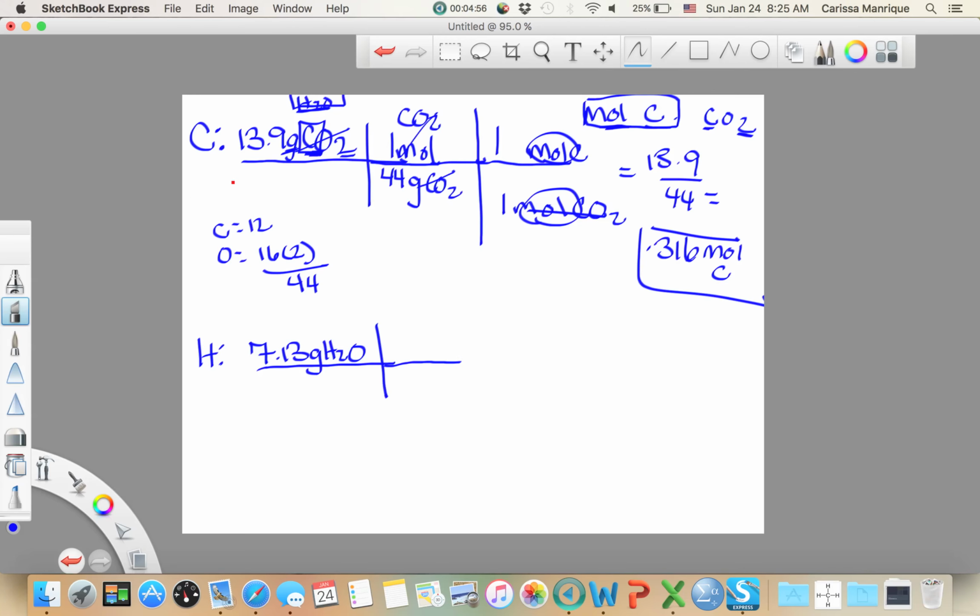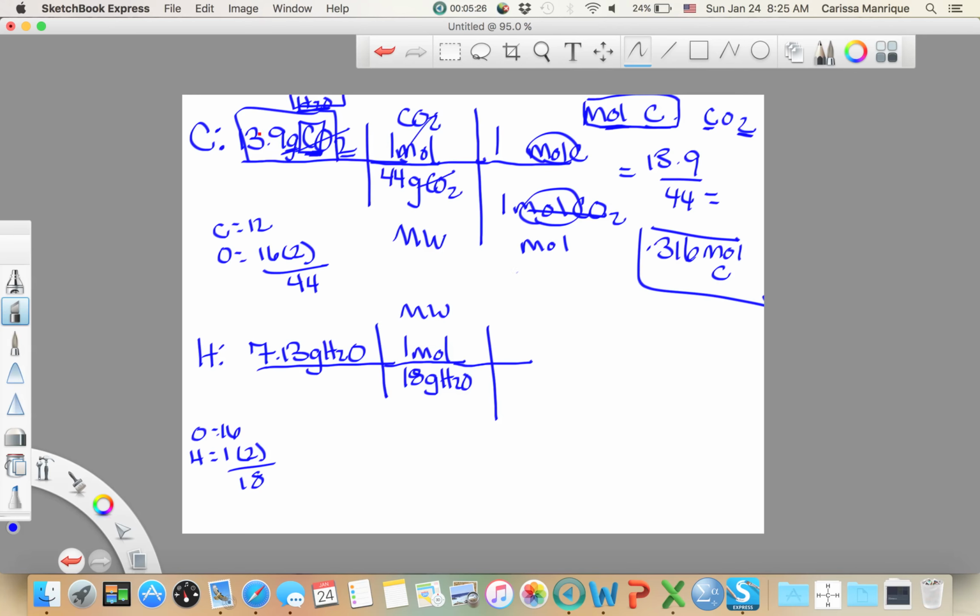For water, oxygen is 16 and hydrogen weighs 1, but there are 2 of them, so that's 18 grams per mole. So there are 18 grams of water per 1 mole of water. That's the molecular weight. Notice it's the same thing I did up here: I started with my grams of CO2 and then used the molecular weight. The next step is the mole ratio. For every 1 mole of water, how many hydrogens are in there? 2.